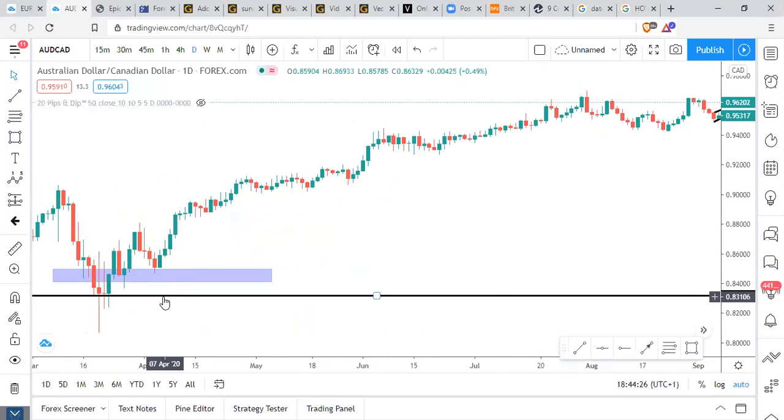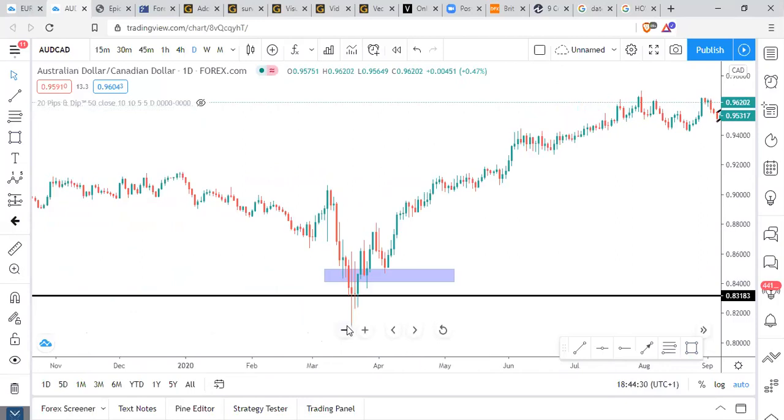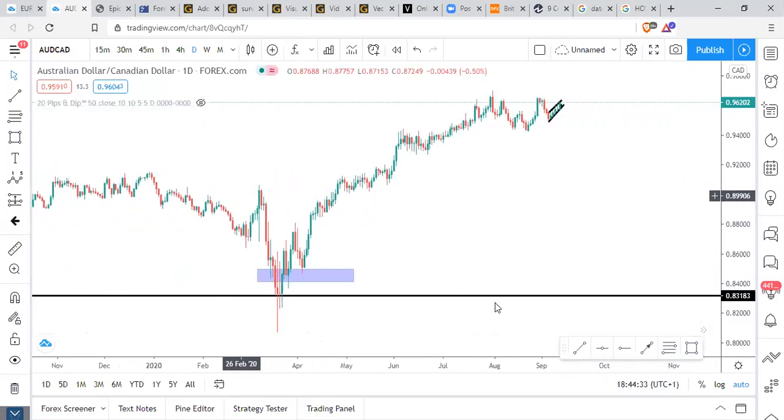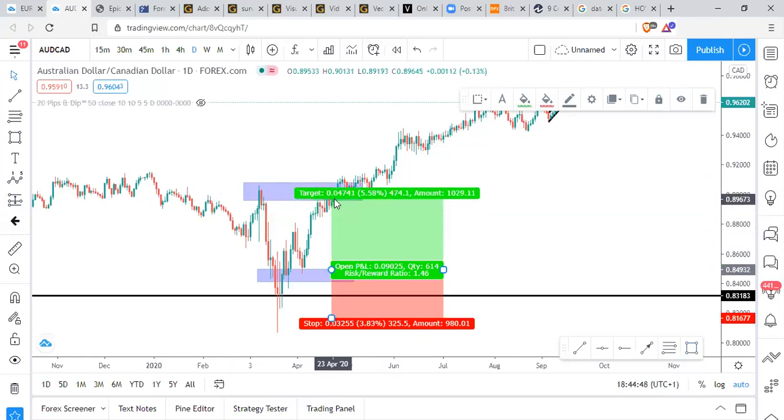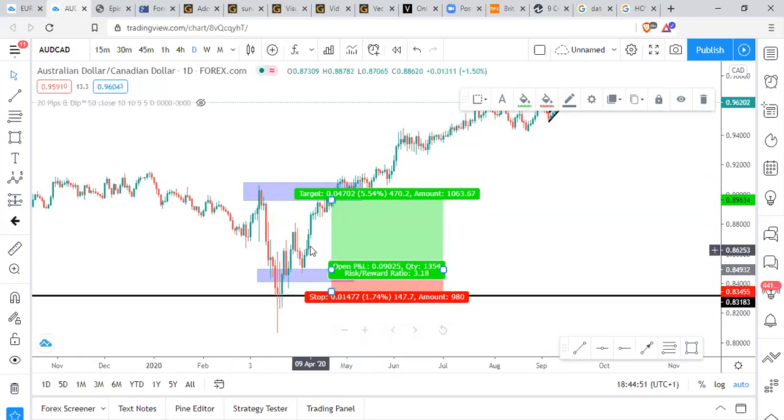Your entry will be here. Stop loss will be here. And if your take profit is, let me say, this zone right here, in this area is your take profit. Let me break it down.